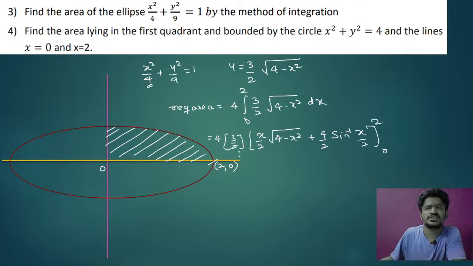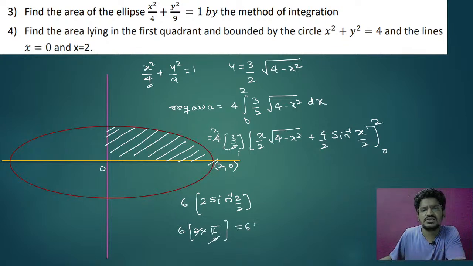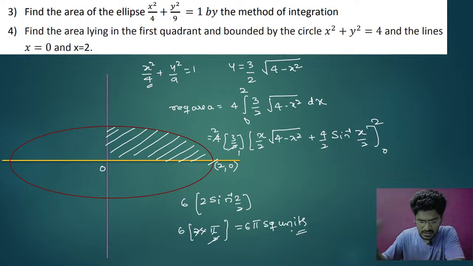If you cancel this, 2 into 3 is 6. The lower limit is 0, no problem. Directly we can simplify: this will be 2 into sine inverse of 2 by 2, that is pi by 2. So 6 into 2 into pi by 2, the 2 will get cancelled. Therefore, 6 pi square units will be the answer.